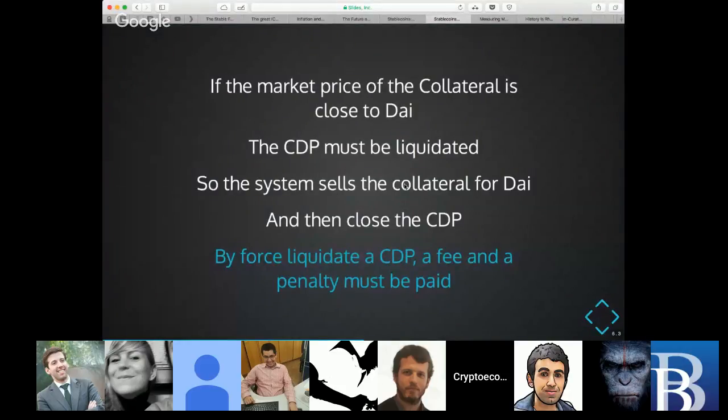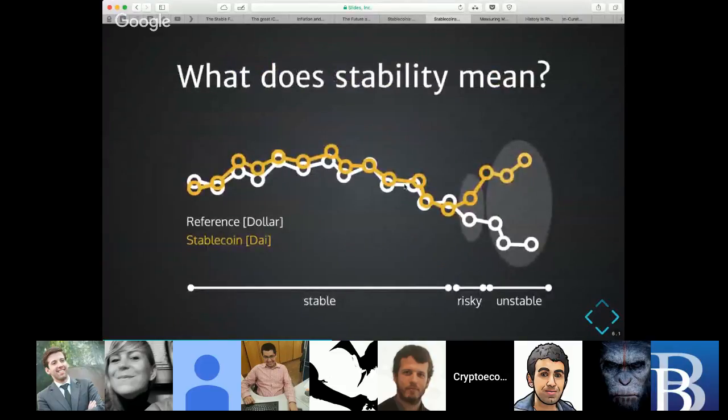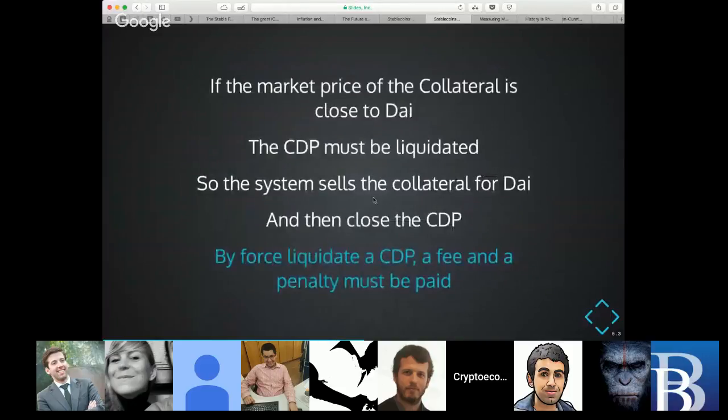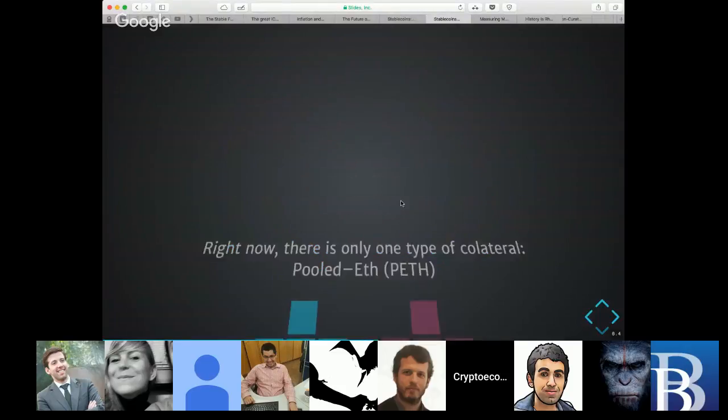So the idea here is that because the stablecoin was increasing in price, what you need to do is to remove DAI from circulation. And so you are using the collateral to buy DAI from circulation and destroy it. That's the idea.